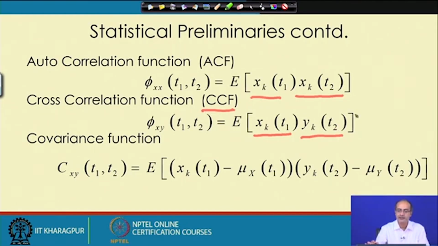It is the same as the autocorrelation function, the only difference is that instead of the same signal we are using a different signal. So, the physical interpretation is that we are looking at the matching of the signal x at instant t1 with that of signal y at instant t2.